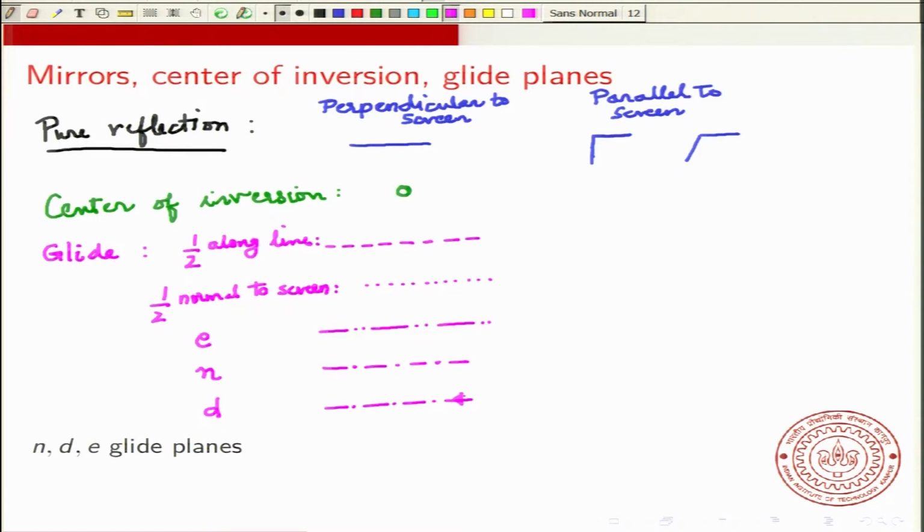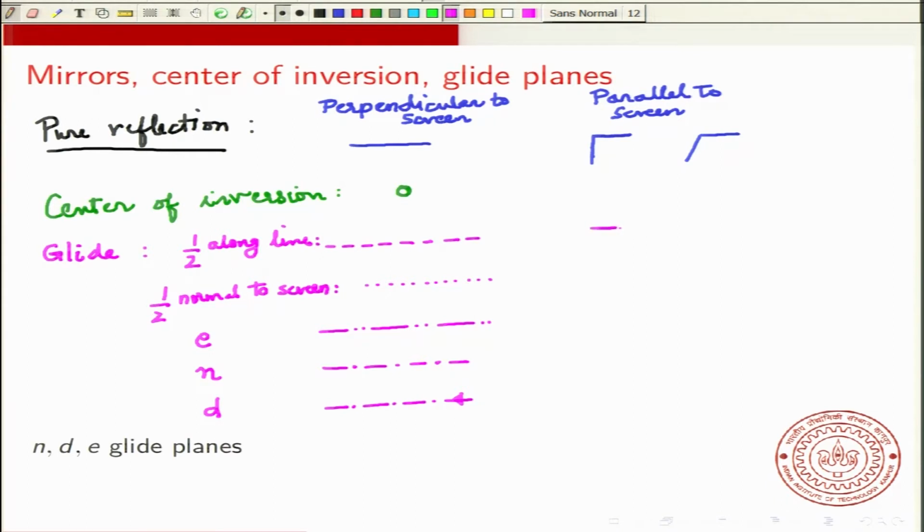Now, when they are parallel to the screen, we saw that the pure reflection is shown by this little angle. Similarly, for all the glides when the glide plane is parallel to the screen, you could have several different glide planes.